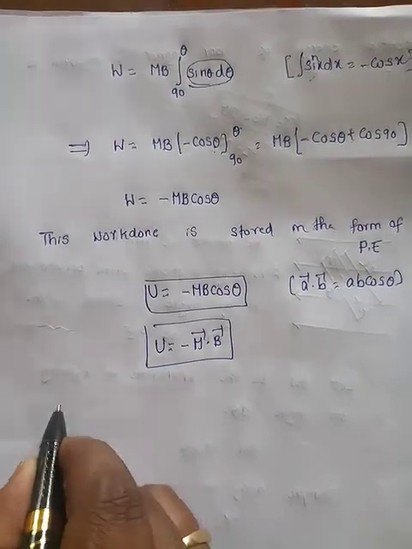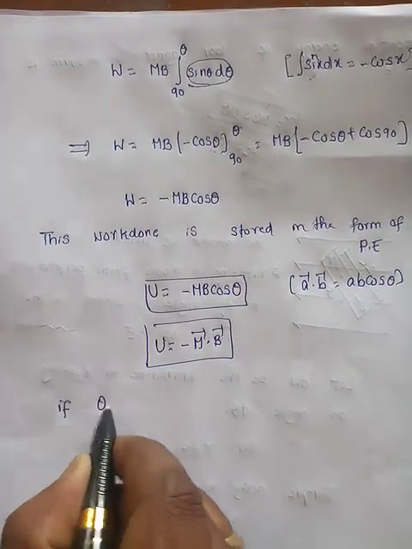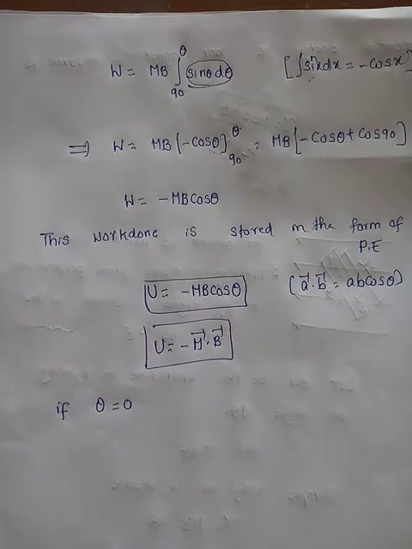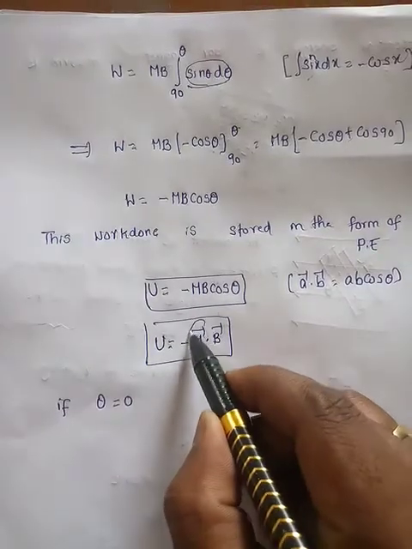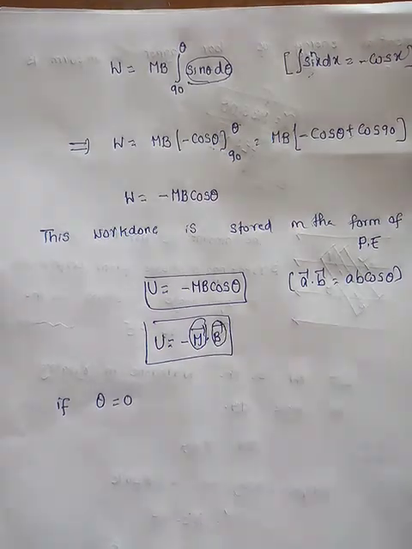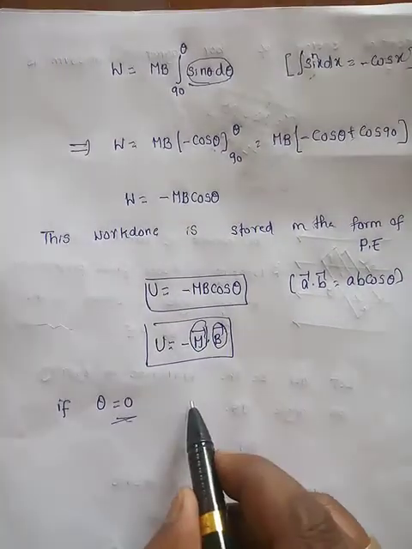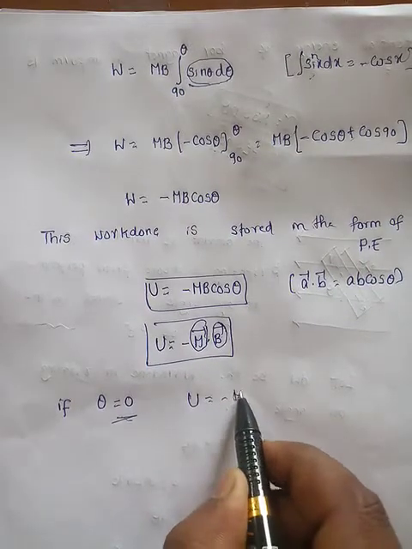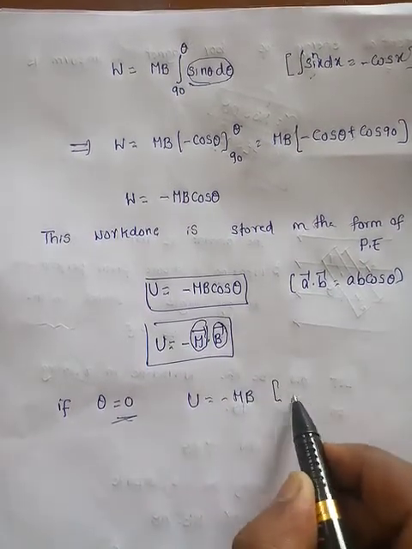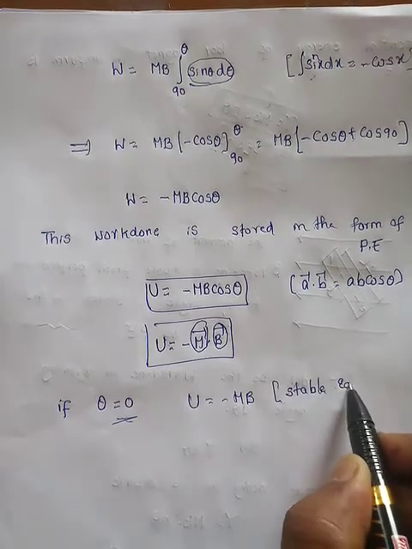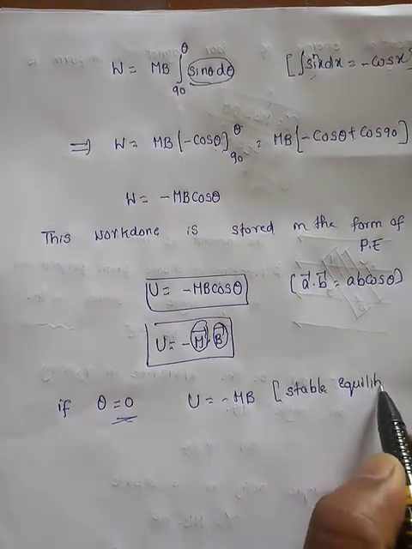For example, if the dipole moment is along the direction of the magnetic field, which means the magnetic moment and the magnetic field are both in the same direction, then theta equals 0, then U equals minus mB.